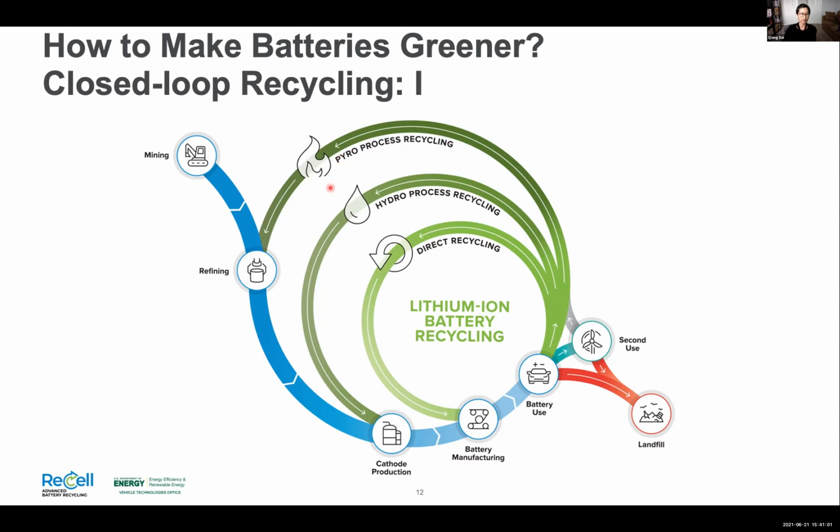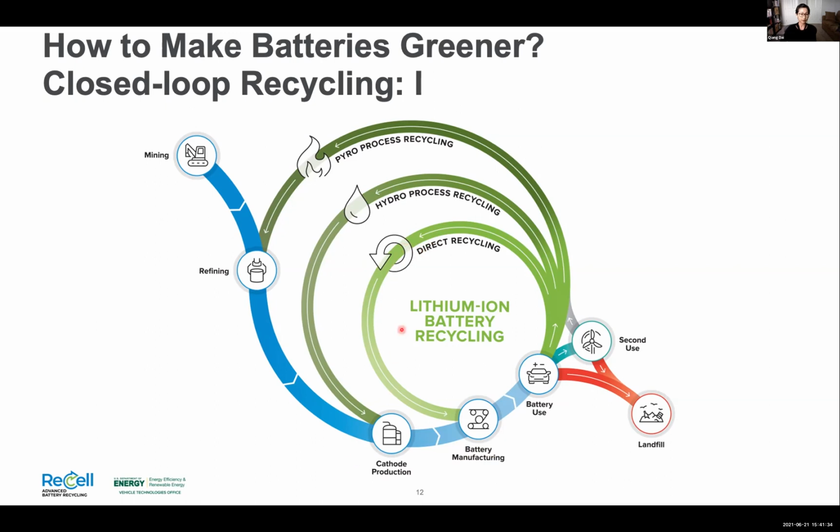With these technologies, we will be able to recover nickel and cobalt and maybe also lithium from spent batteries. But we will recover these materials as different nickel, cobalt, and lithium salts.